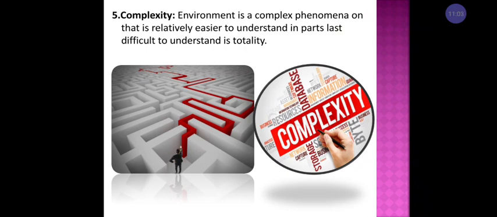And last one, relativity. Business environment is a relative concept since it differs from country to country and even region to region. Take the political condition as a best example. In the US, they have a different political system. In India, they have a different political system. And customs, traditions, or culture are also different.